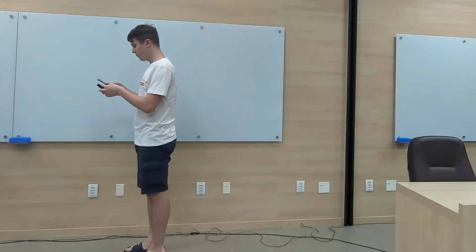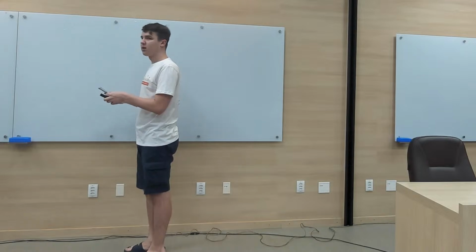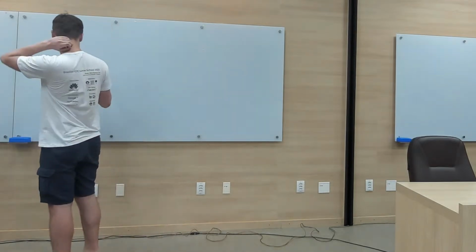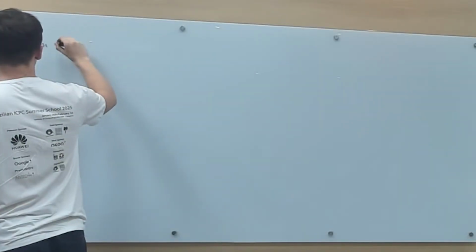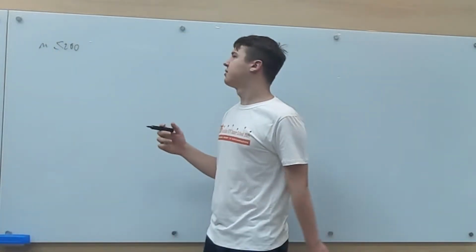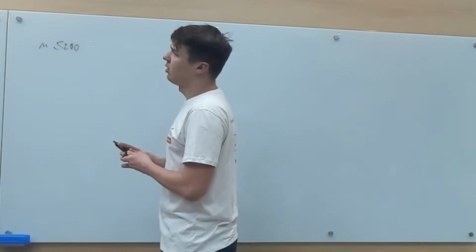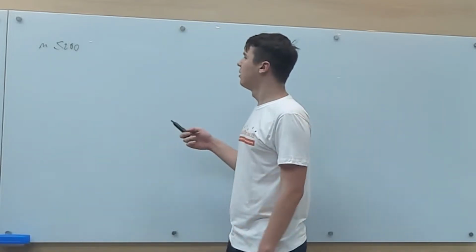Okay. So next problem is the hamsters. So in this problem we had n texts, n was up to 200, and their sum of lengths was reasonable. I think it was like 200 each or something like that. It doesn't really matter.